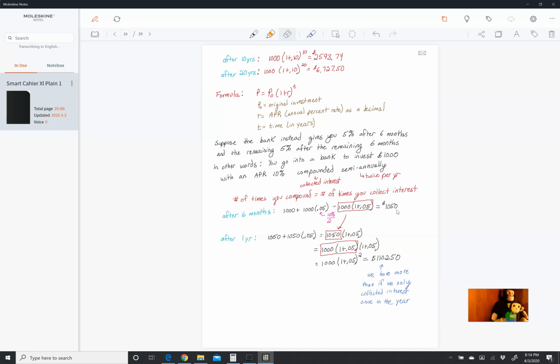Here we're not. We're collecting 5% on 1,000 in the beginning. But then we're collecting the second 5%, not on 1,000, but on 1,050. Okay? So this is because we are collecting interest on interest.